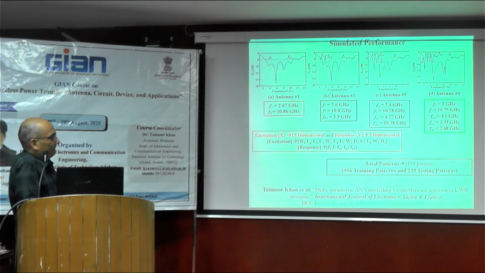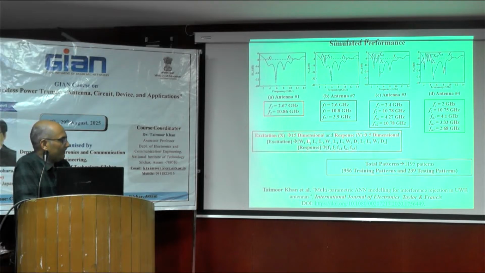Now while changing the dimensions, these are the total 15 geometrical parameters, and the response is this one, meaning we need to develop a model which takes a 15 dimensional input to predict that 5 dimensional response. In that way a total of 1195 patterns are generated, out of which 956 patterns are used during training and 239 during testing.